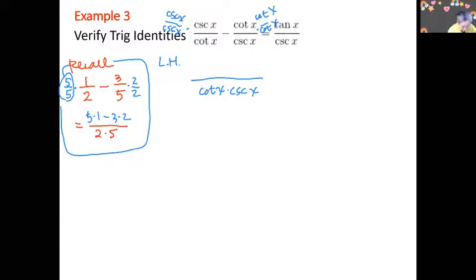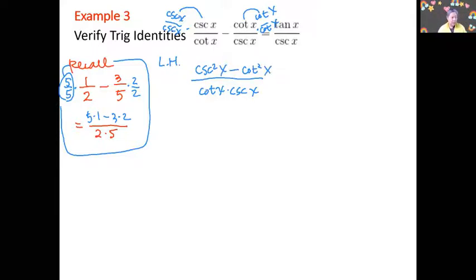Then the first numerator is cosecant times cosecant, which makes cosecant square x, minus the second numerator, cotangent x times cotangent x, which is cotangent square x.